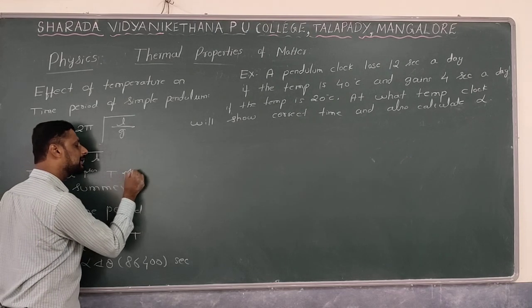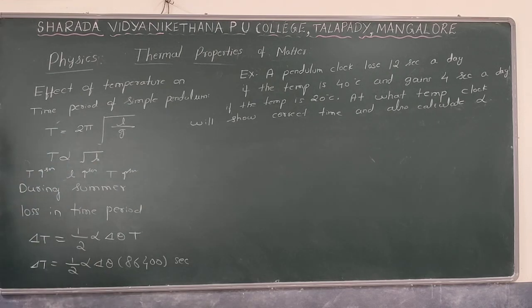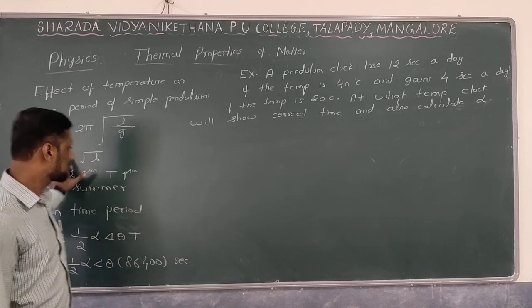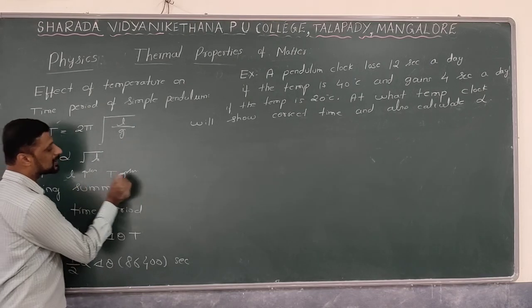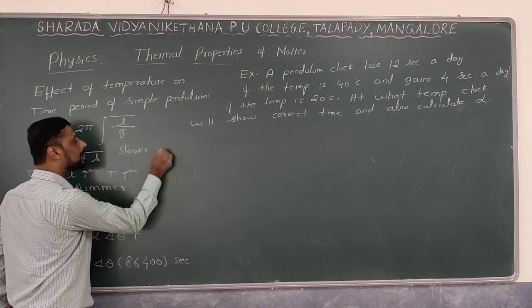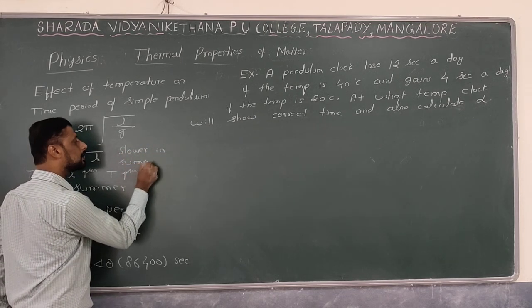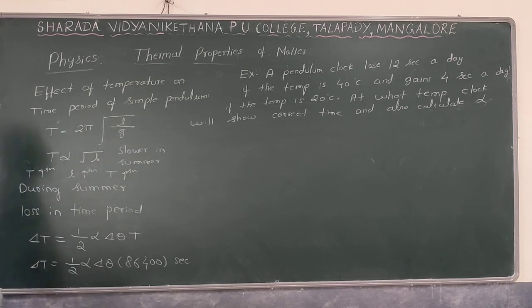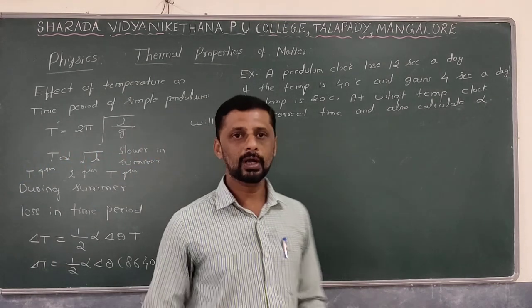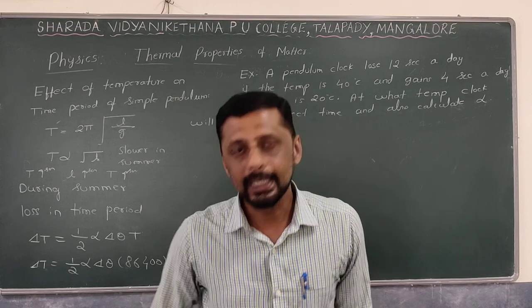The time period increases. That means the time taken to complete one oscillation increases, so the clock becomes slower during summer. That means it loses time. It will not show correct time when the temperature increases.